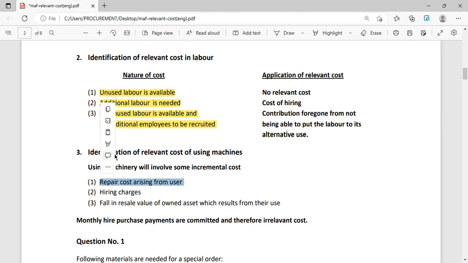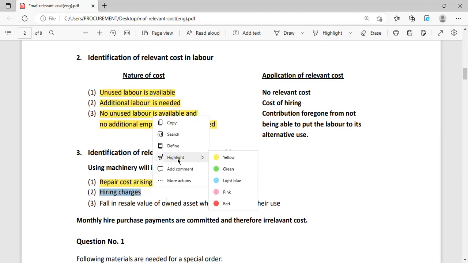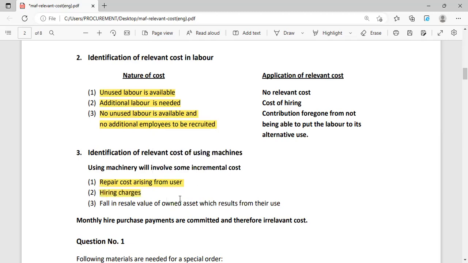Maybe you will need to service your machine if you are going for that project. You will also need to factor in the cost of repair and maintenance, and if you need to hire more machines or other tools, you also consider that as a relevant cost.